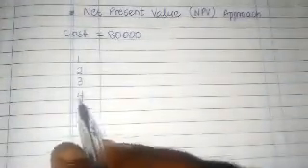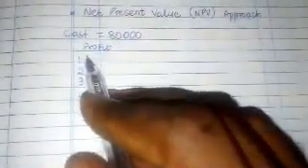The profits from the project, that's the returns from the project, say in year 1 we have 20,000 profits. Then we have 30,000, then say 40,000, and say 10,000.